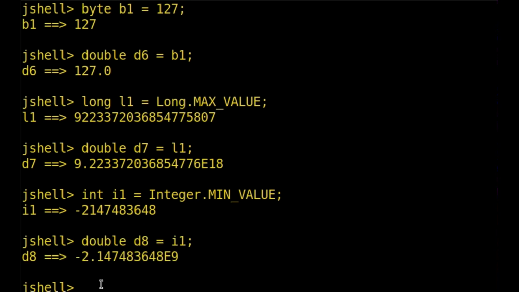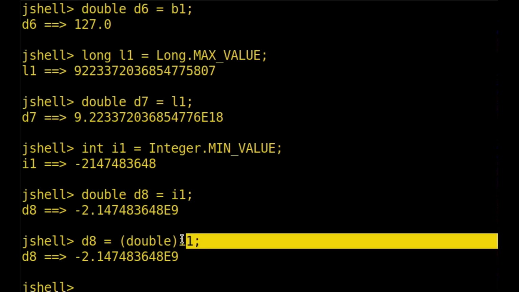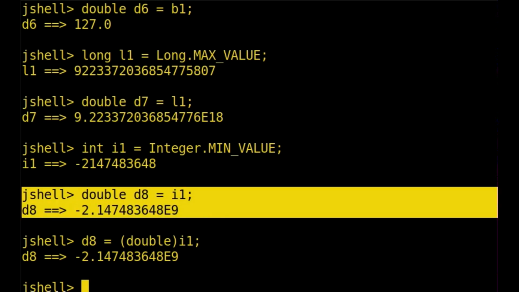I could also do this. I could actually cast it to a double and then assign it, although it's not necessary to do it this way, as you can see, because I did it here without casting.